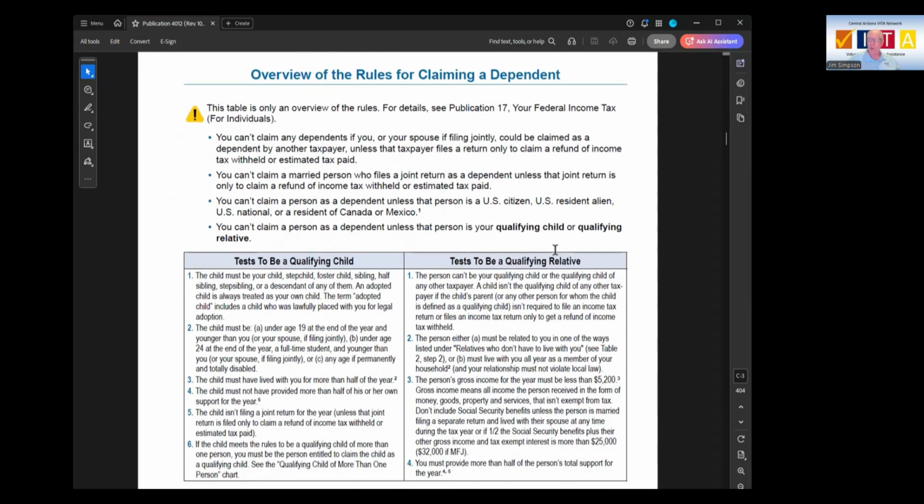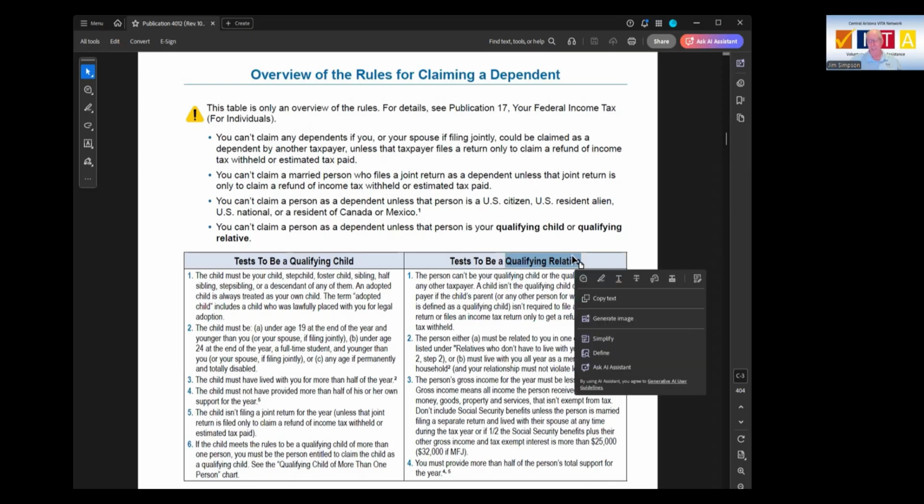So here's the overview of rules for claiming a dependent. The very first thing I want to tell you as an overview is there are 2 types of dependents. There's the qualifying child, and there's the qualifying relative, who, by the way, doesn't necessarily have to be your relative.